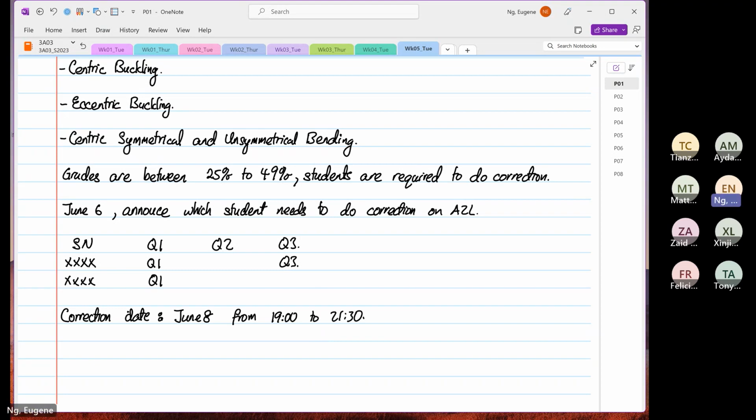The location is ETB 223. So these are for if you are required to do correction. I hope this does not happen. I hope none of you need to do correction. But what if you have to do corrections?